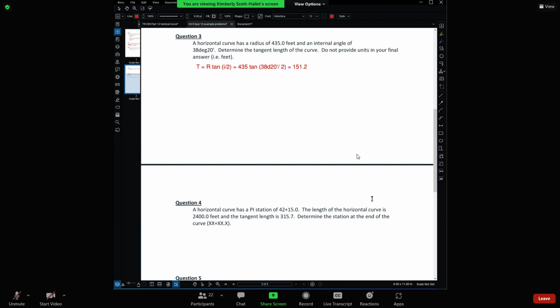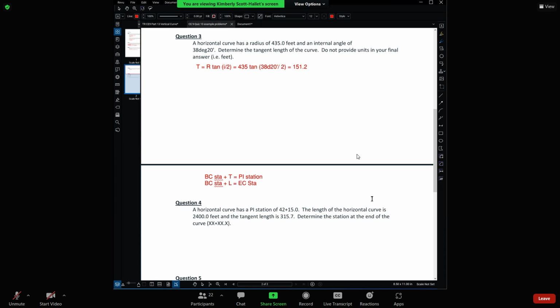Okay, so there were some issues on this, and I think I know where the issues are coming from. So my beginning of my curve station plus a tangent length T is always going to be equal to my PI station. My BC station plus the length of my curve is always going to be equal to my EC station.